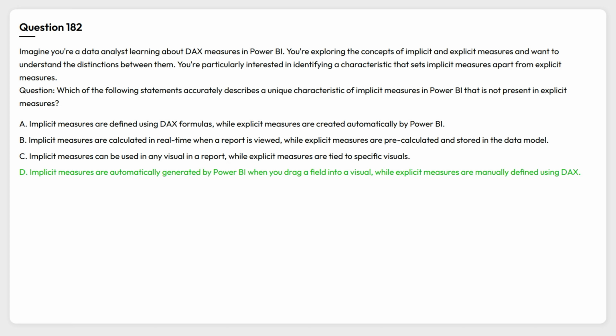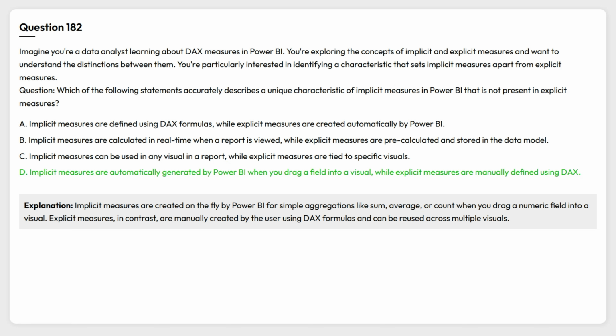The correct answer is option D. Implicit measures are automatically generated by Power BI when you drag a field into a visual, while explicit measures are manually defined using DAX.